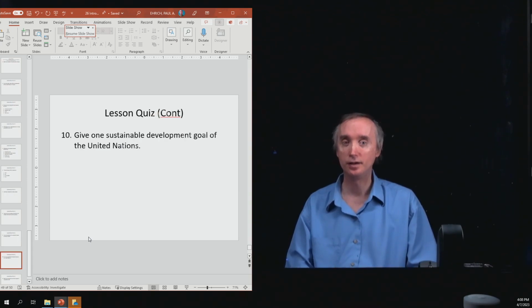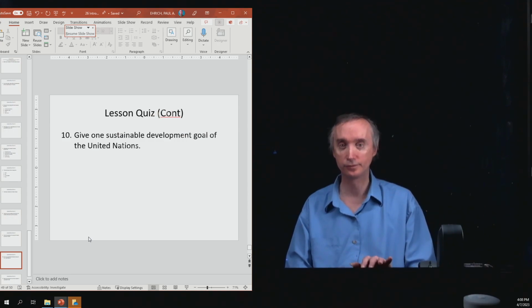Number 10, give one sustainable development goal of the United Nations. So we said that they wanted to end hunger, gender equality, give everybody an education, sustainable energy for everybody. So all of these were different goals that they had.